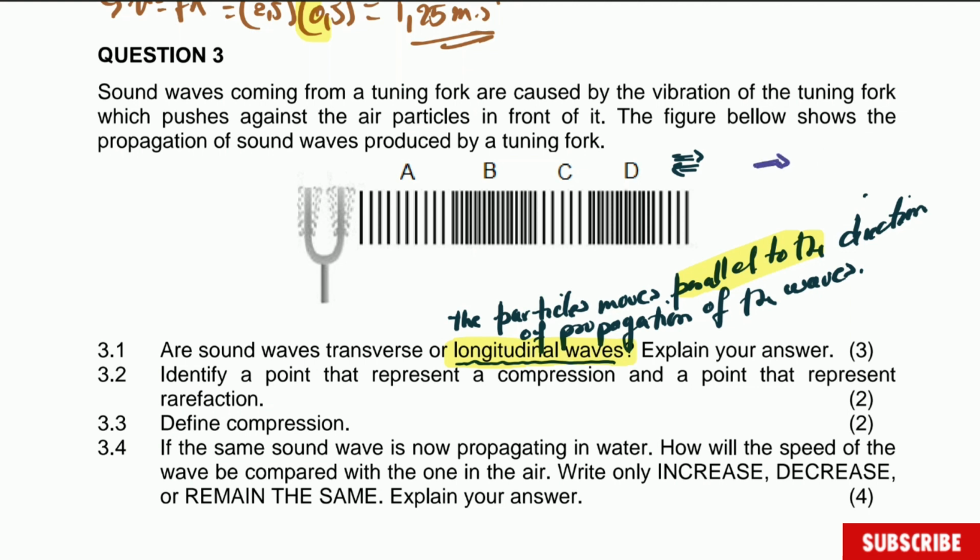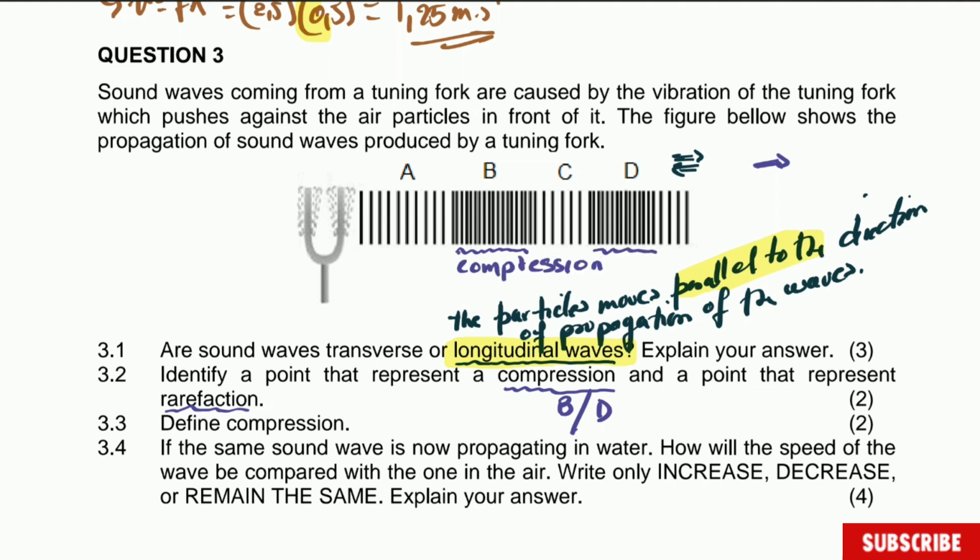Now identify a point that represents a compression and a point that represents a rarefaction. Remember, in a compression the particles are closer together, so in this case compression could be either B or D. This one here represents a compression, as well as this one here.